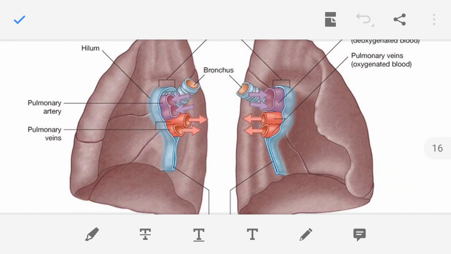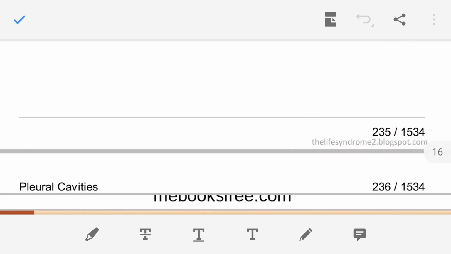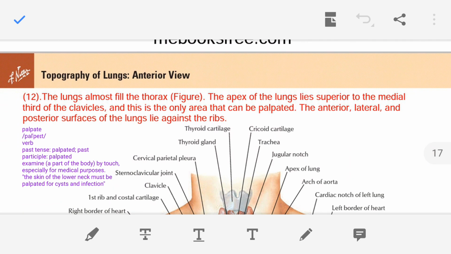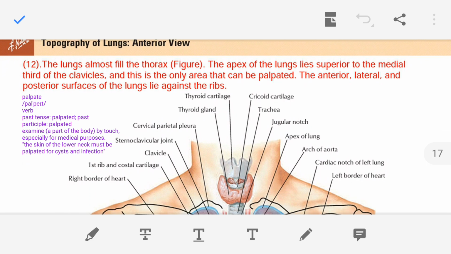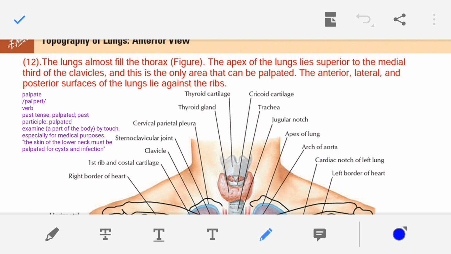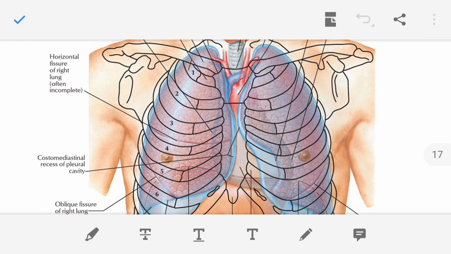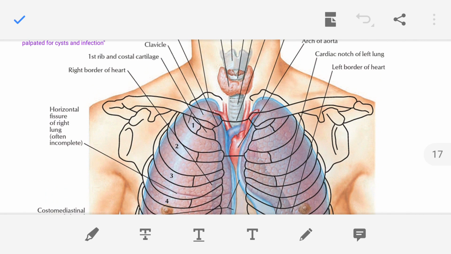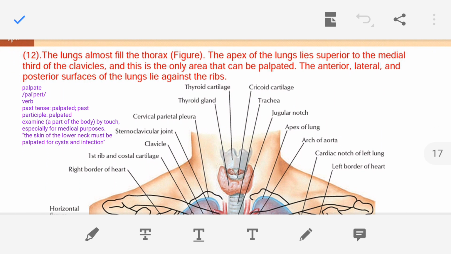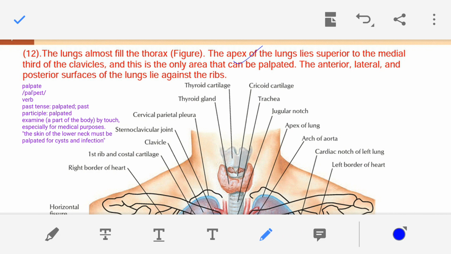Now point number 12 we are discussing. Now the lungs almost fill the thorax. So in the figure you see the entire thorax, the chest region, and the entire chest or thorax is filled with the lungs, and the apex of the lungs lies superior to the medial third of the clavicle.